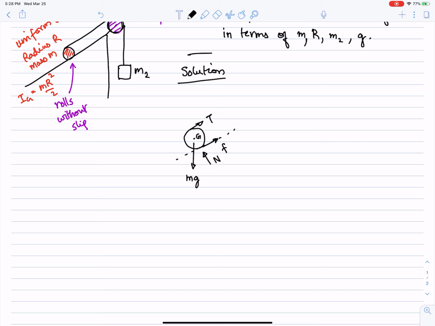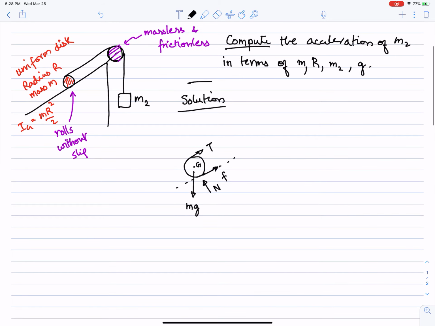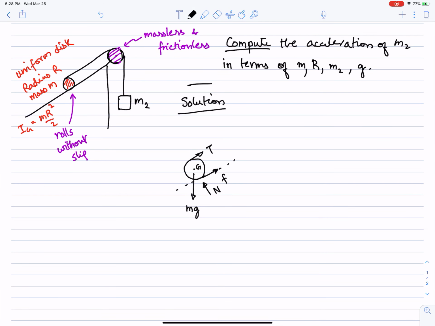What other forces do we have? That's it, really, for that particular disk. So that's the disk in red.